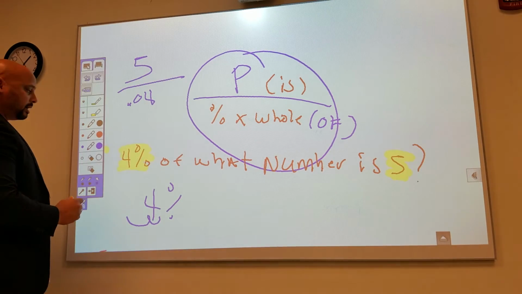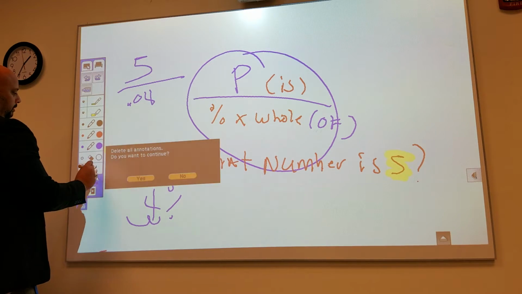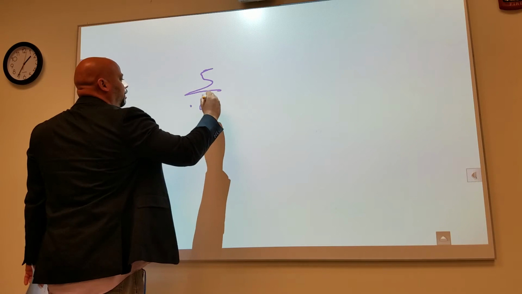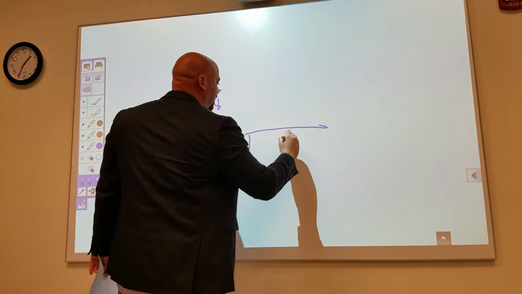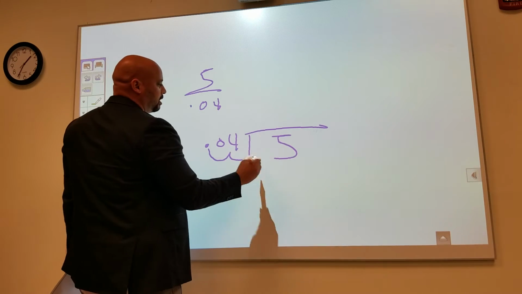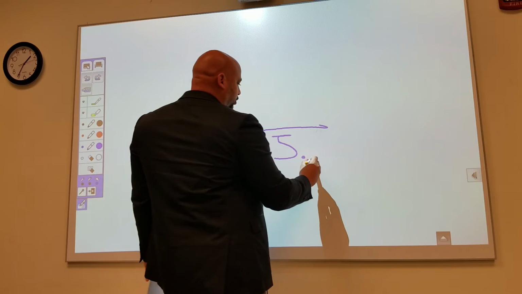Now, to solve for the whole, what should we do? Well, 5 divided by 0.04. The 0.04 goes on the outside. At the 5, you can't have decimals on the outside, so you move it 1, 2. It's always understood to be a decimal at the end of every whole number. And we move it 2 places over.